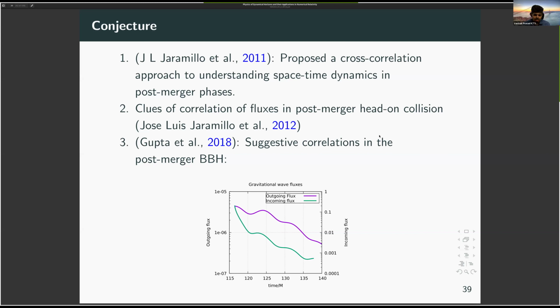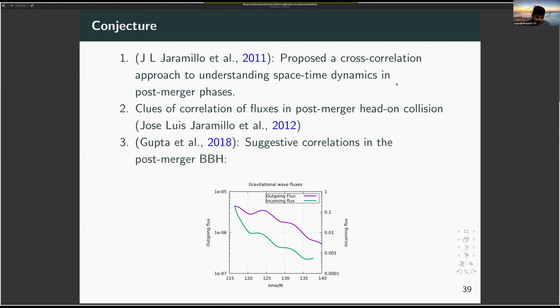In such a situation, there were hints or conjectures or expectations that there is some gravitational radiation that's being absorbed at the perturbed horizon, and there's also a part of the field that leaves the spacetime and goes to infinity. It's possible that the nonlinear regions of spacetime which generate these waves are responsible for sourcing both the waves that are falling inside and the waves that are escaping to infinity, and they may be correlated. So this was a conjecture.